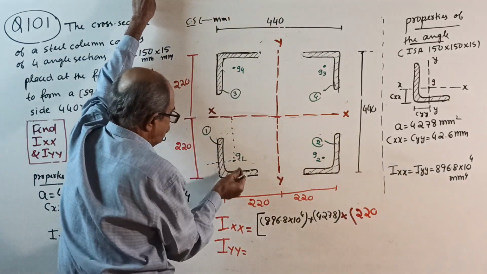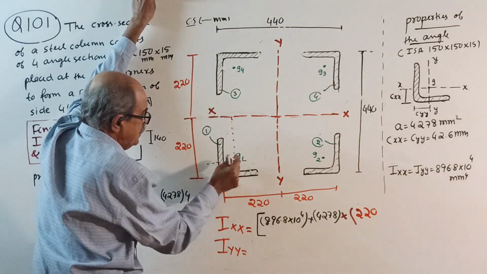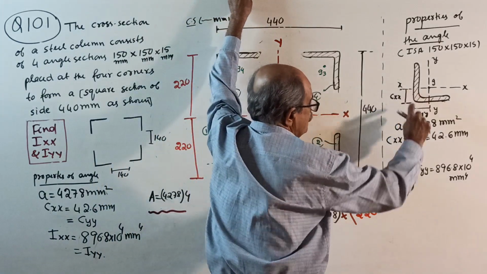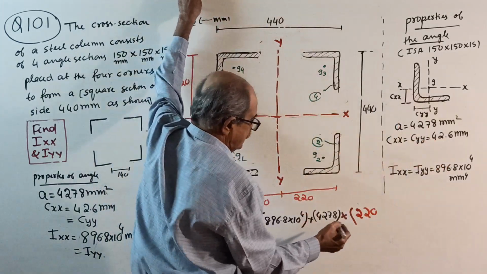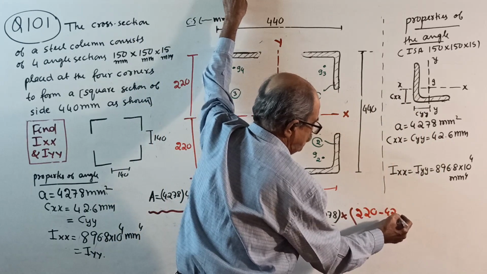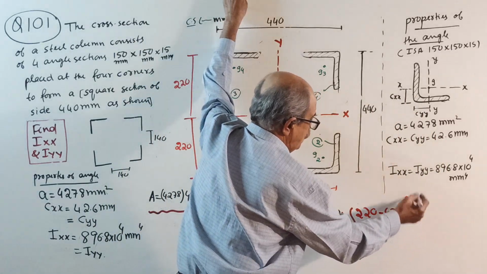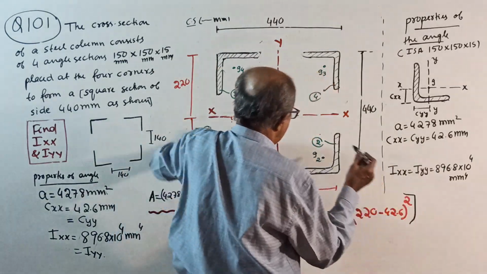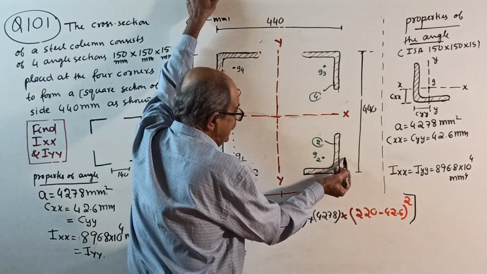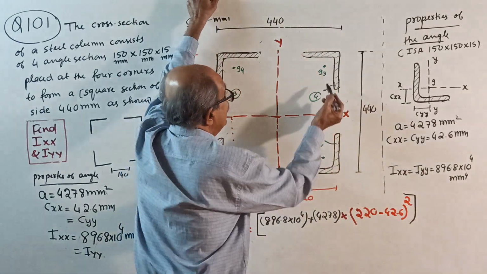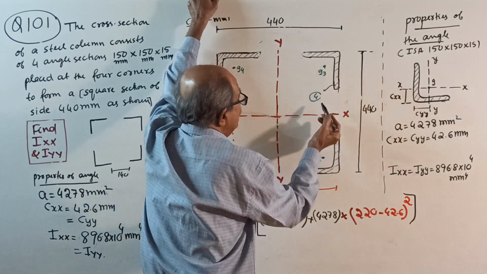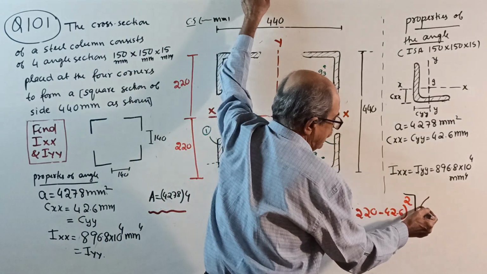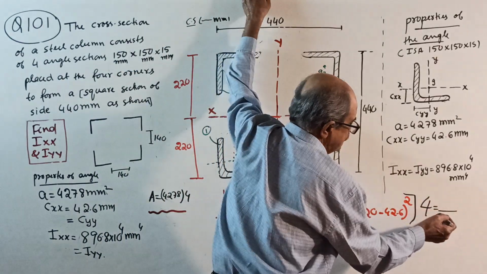This distance is 42.6, so 220 minus 42.6, whole squared, is for one angle. Even here also, same Ig plus same A squared. All four are symmetrically placed, so multiply by 4 and you get the answer.